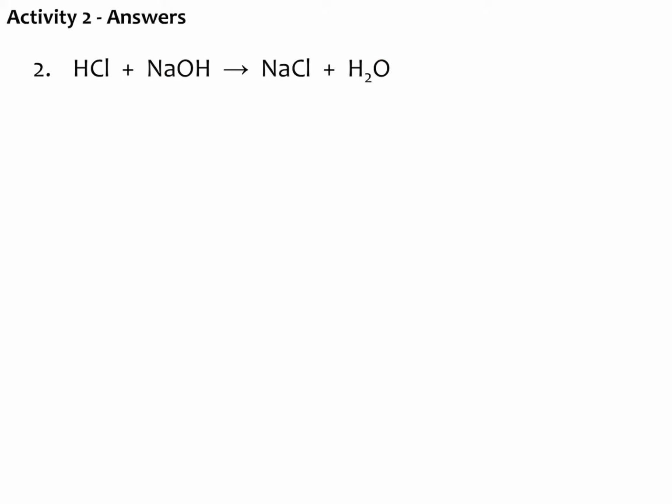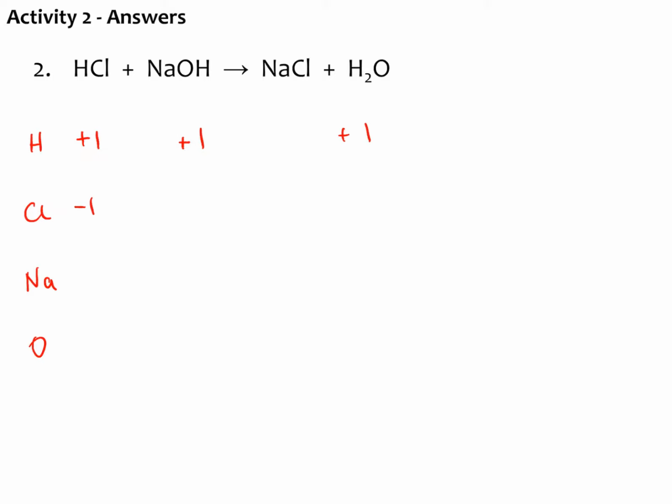Question 2, we have hydrochloric acid and sodium hydroxide. So HCl, Na, O. Hydrogen is +1 in the HCl, it's +1 in the sodium hydroxide, and it's +1 in water, so that does not change.